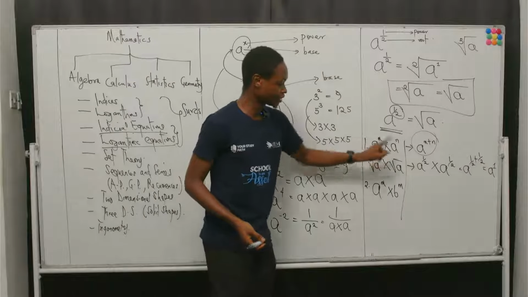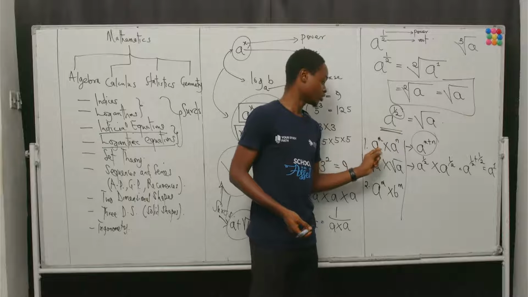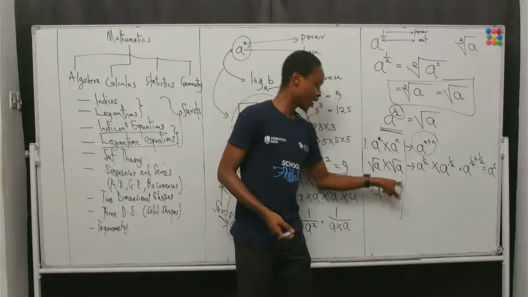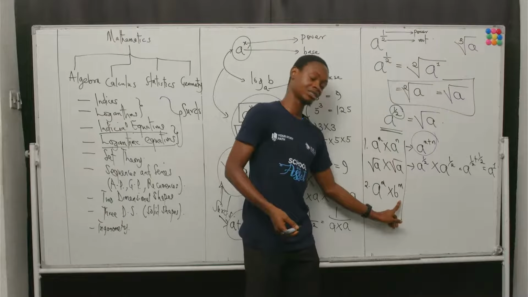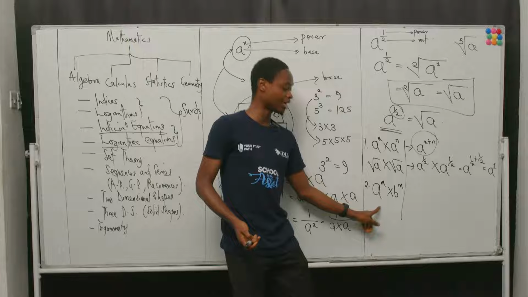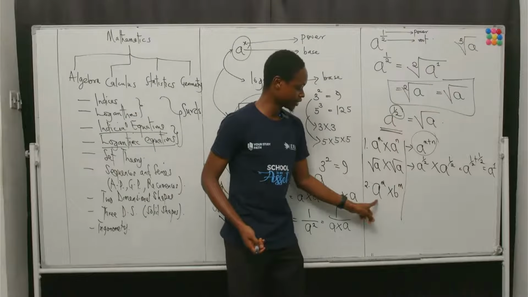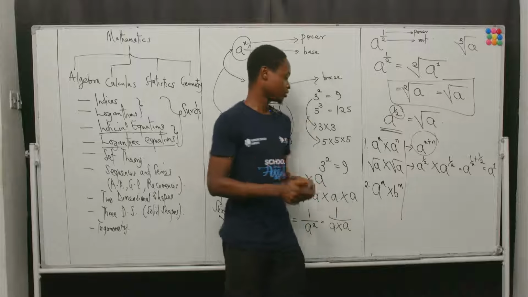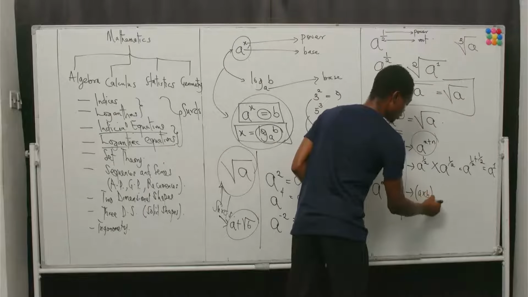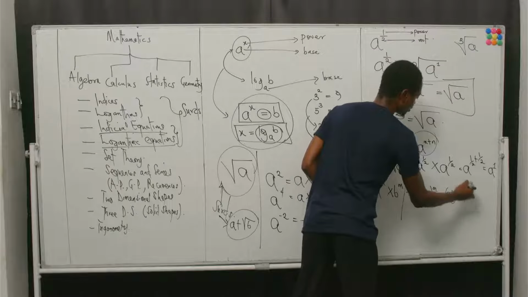Before, since the base was the same, the power is what we were after, so we added the power. But here, the power is the same, the base is the one we are after, so we multiply the base, which means our result here will be A times B raised to the power M, or we write it as AB raised to the power M.